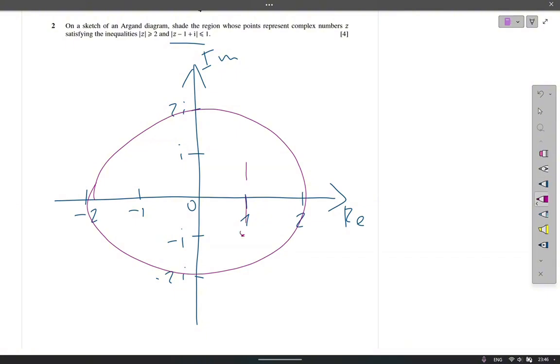So it's this one, and since the requirement is less than or equal to 1, its radius is 1, like this one. So you can just present the region of complex numbers satisfying these inequalities as here.